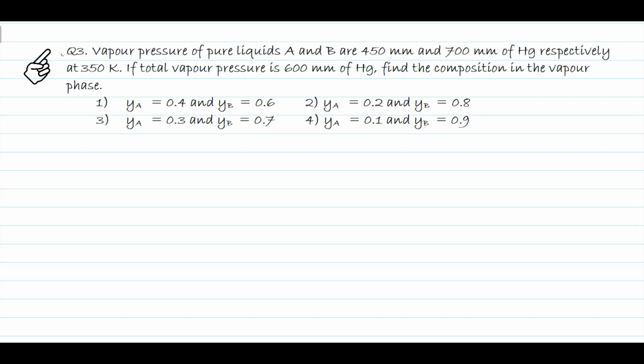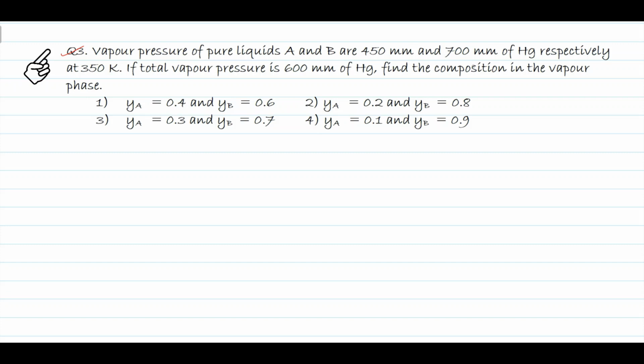Coming to question 3. Vapor pressures of pure liquids A and B are 450 mm and 700 mm of mercury respectively at 350 Kelvin. If the total vapor pressure is 600 mm of mercury, find the composition in the vapor phase.